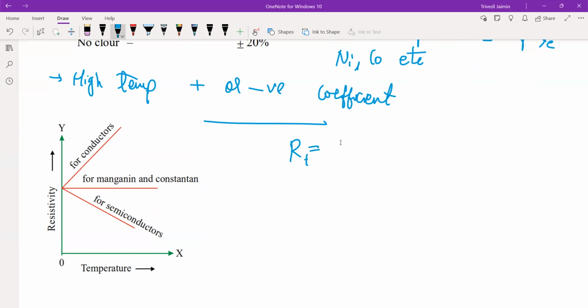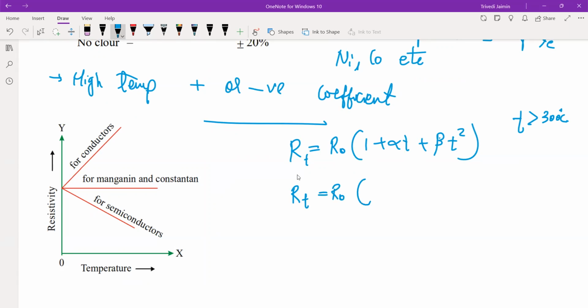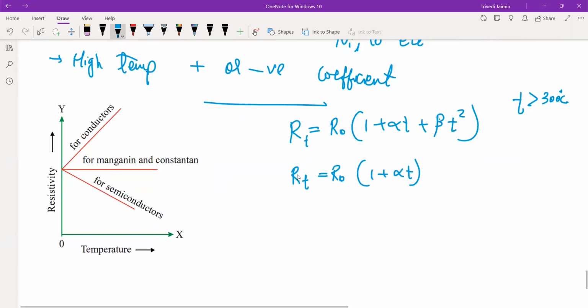R_T equals R naught times 1 plus alpha T plus beta T square, when T is more than 300 degrees Celsius. And when it is less than 300, we are just removing beta: R naught times 1 plus alpha T. Now, what are these alpha and beta?